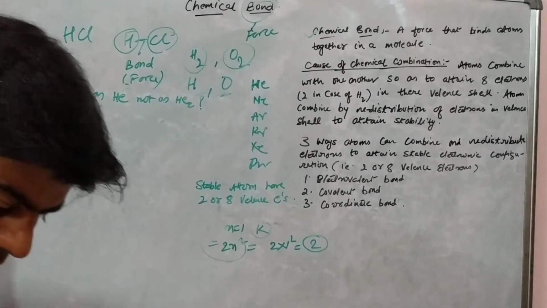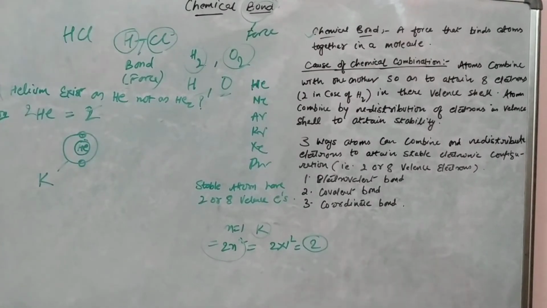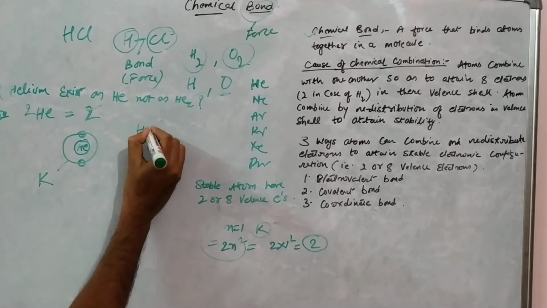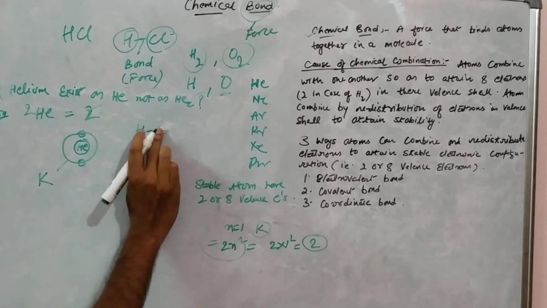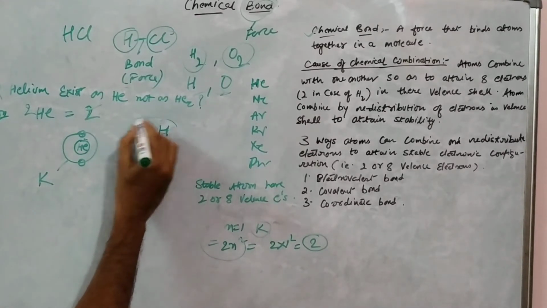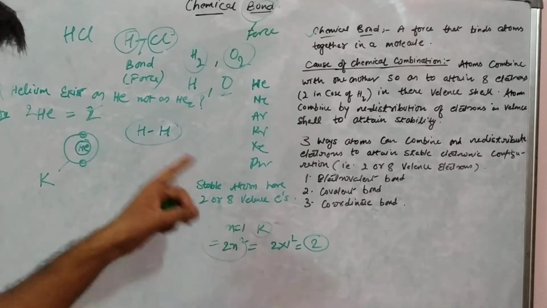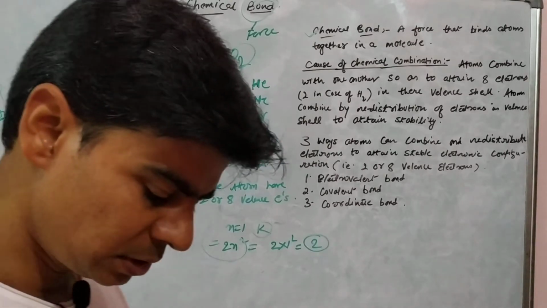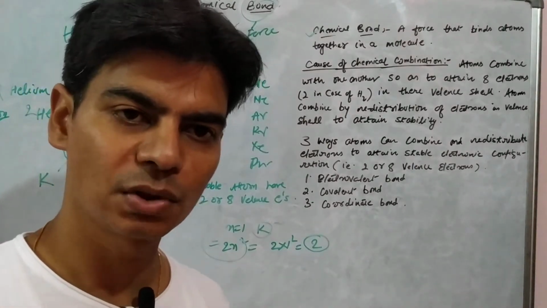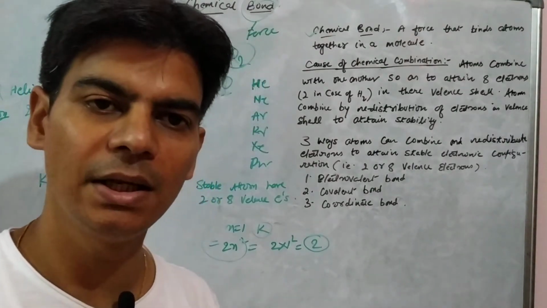We have already seen that hydrogen chemically combines with another hydrogen atom. Similarly, other atoms, say sodium and chlorine in sodium chloride, will chemically combine.